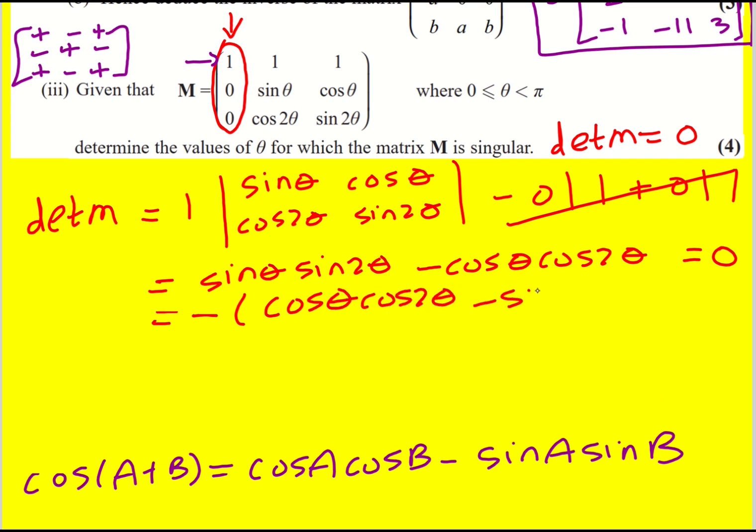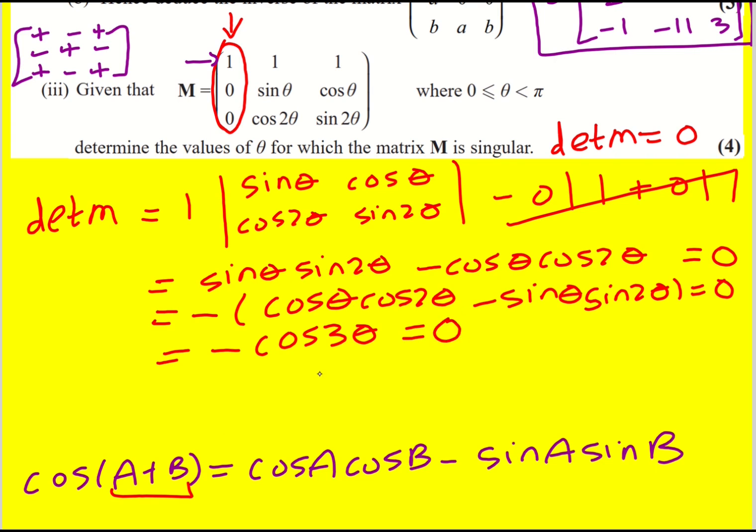It's not going to matter. So it will then become cos of 3 theta, because A is theta, B is 2 theta. I'm just adding them together. And now I can get rid of the negative. So that's what I want to solve.